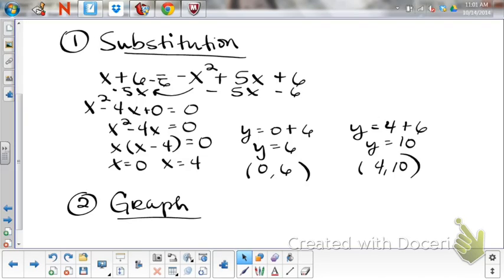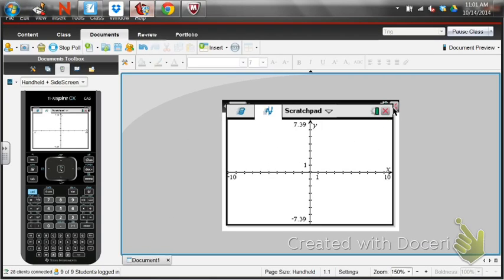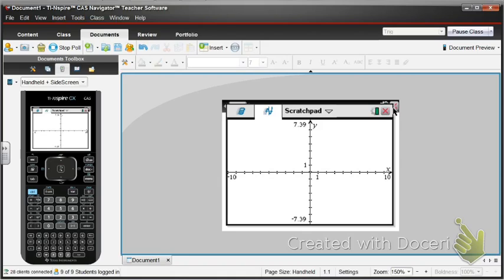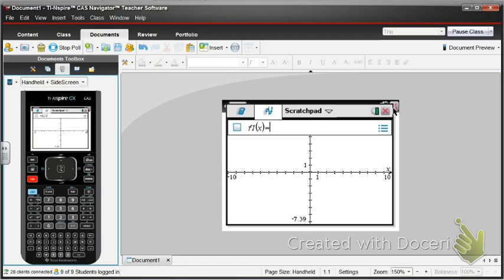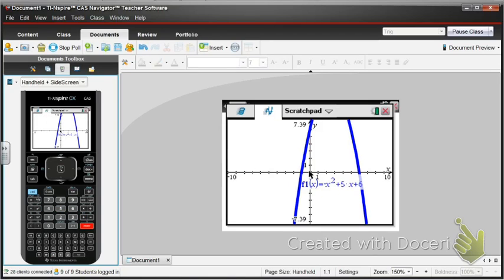So let's switch over to my calculator and type in our two equations. I hit tab, and I have negative x squared plus 5x plus 6. So I have a quadratic opening down.